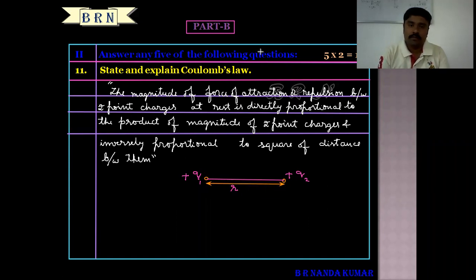So according to Coulomb's inverse square law, the first part of the statement says the magnitude of force of attraction or repulsion between 2-point charges at rest is directly proportional to the product of magnitude of 2-point charges. And according to the second part of the statement, that is inversely proportional to the square of the distance between them.